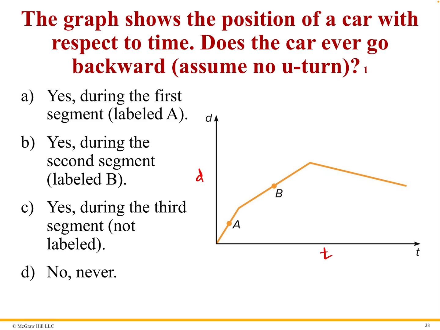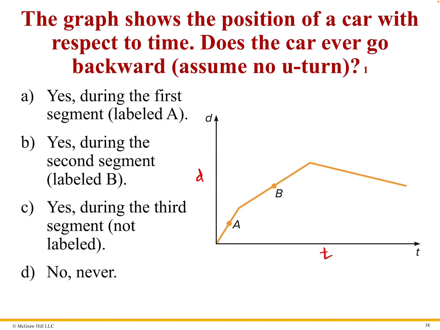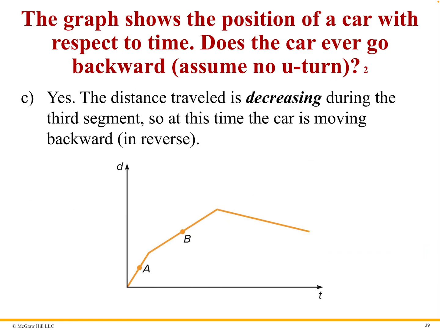Well, what did we do? What happened when we had this segment right here? We had a negative slope, which meant that it did what? That it changed directions, right? So if you go to the next slide, it says, yes, the distance traveled is decreasing during the third segment. I don't think it gave you the answers in all of them. I don't know why I did on that one.